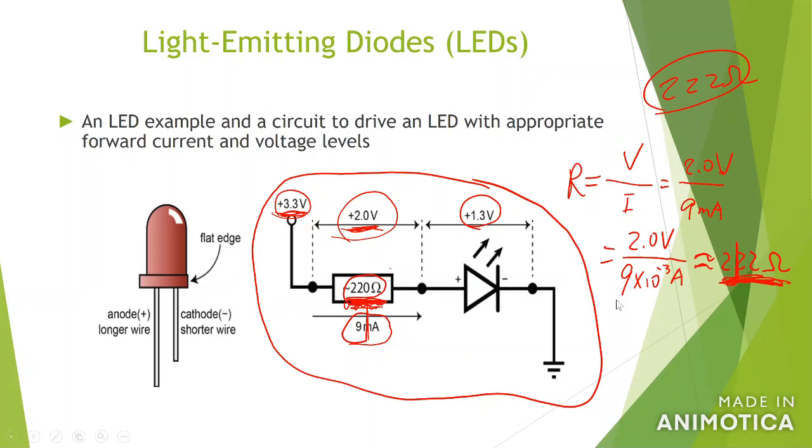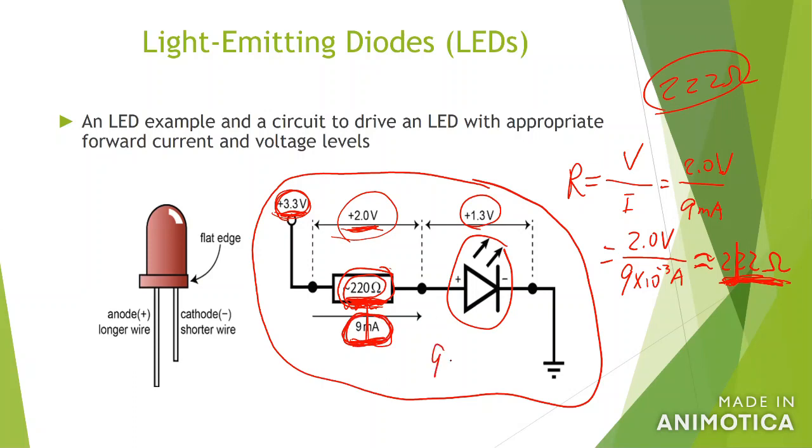So this is how you can figure out the resistance you can use to limit the current, because you have to have a resistor. Without the resistor, if you directly apply the power to an LED, the current will be much larger than 9 milliamps.